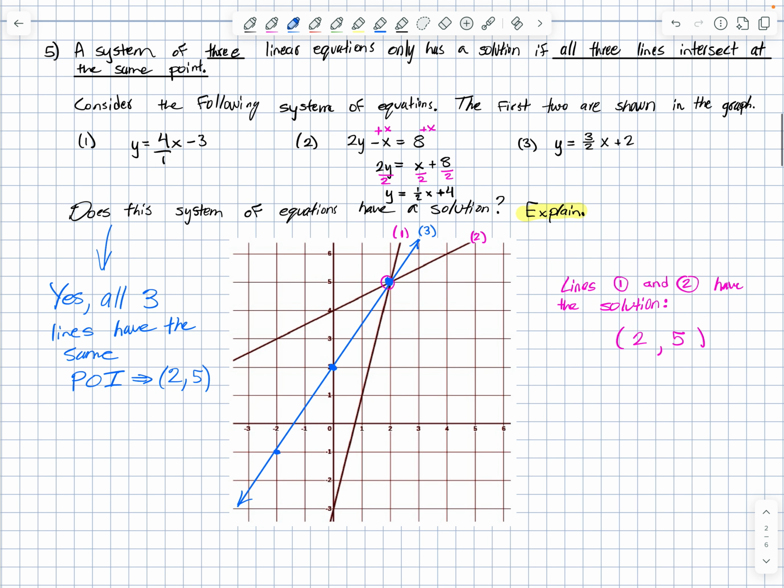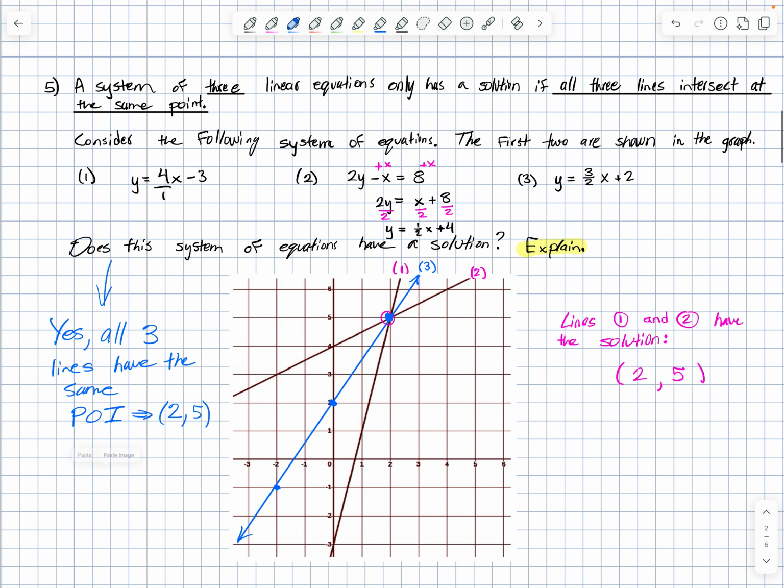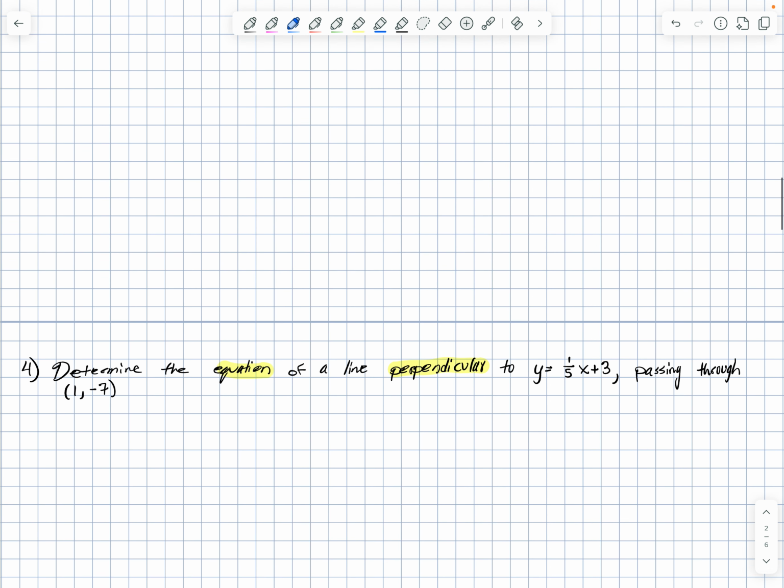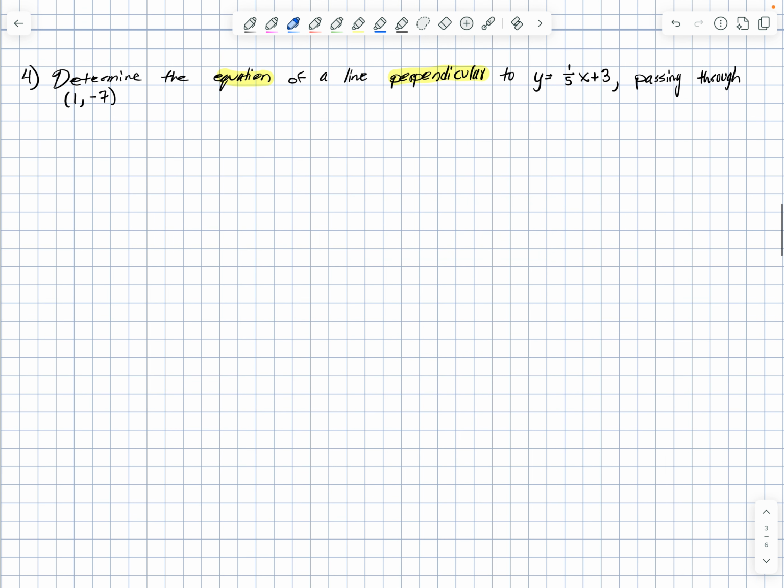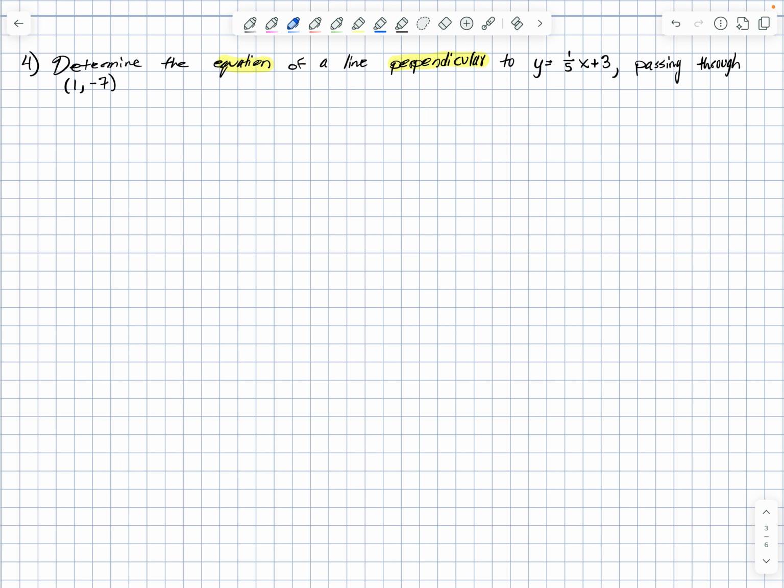Okay, so that's how we do that problem. Okay, let's take a look here. Keep moving on here. I have another type of representative problem here. This one is looking at a third component of linear relations, which is parallel and perpendicular lines. I'm just noticing here that the numbering is weird.